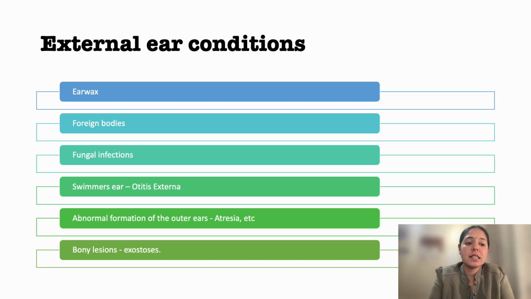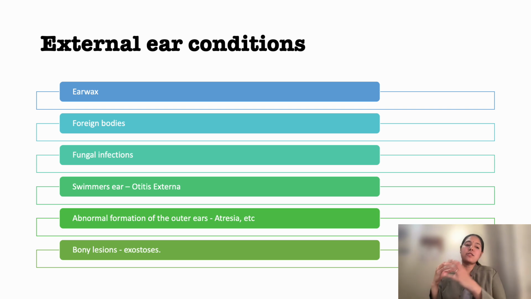Fungal infections, exostosis or otitis externa, that is swimmer's ear, is quite common in individuals who swim or surf. What happens is whenever there's any residual water that's stuck in our ear, that can create a very conducive environment for fungi to grow.